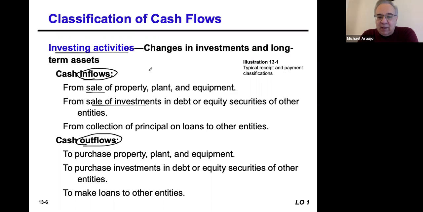But when they lend money and they collect that money, that's also an investing activity, because notes receivable is basically a loan. They've lent money for profit, for interest, and so collecting on loans is also part of the cash inflow from an investing activity.